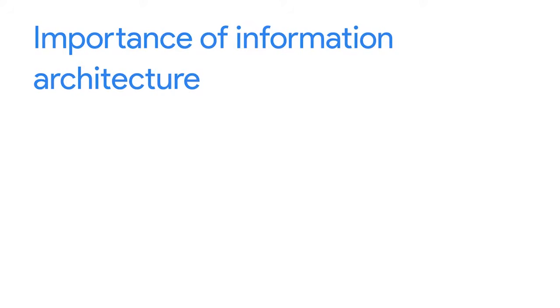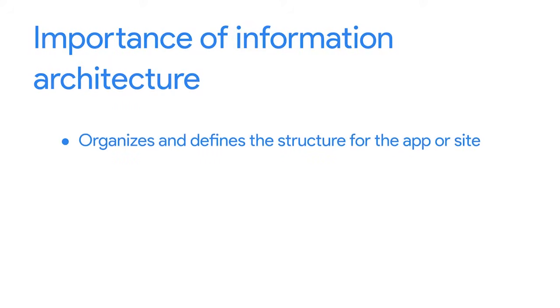Creating information architecture is an important part of UX design for many reasons. First and foremost, IA organizes and defines the overall structure for the app or site. Second, it provides a high-level view of a product.